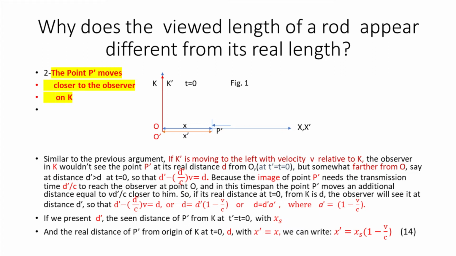If we present d prime, the seen distance of p prime from k at t equals 0 with x sub s, and the real distance of p prime from the origin of k at t equals 0 with x prime, we can write equation 14: x prime equals x sub s multiplied by the quantity 1 minus v over c.